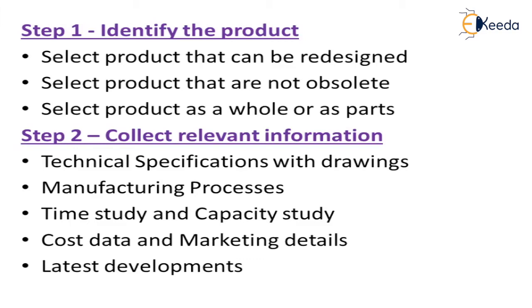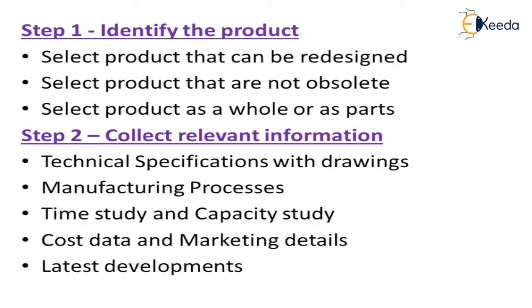If that product is going to exist in the market for just 1 month, then going for a value analysis is a tiresome job, because after 1 month we are going to do the same thing again. So we should select a product that is not obsolete. This selection can be an entire product, or components or parts of the product.